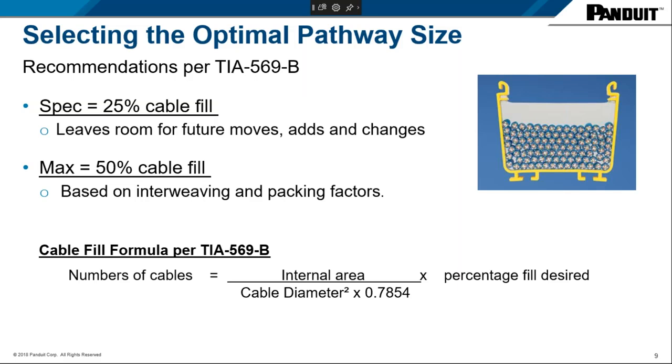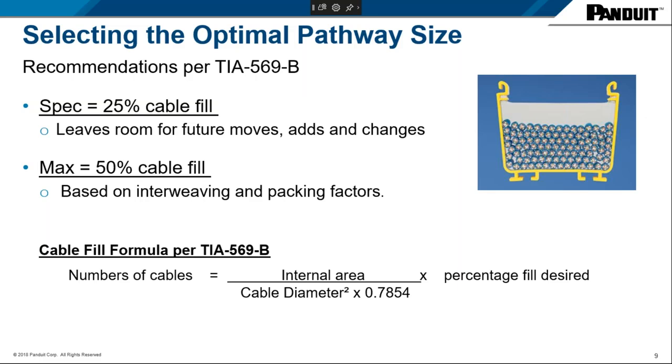We have been noticing that at times customers base it on, hey, I want to have my basket full, but at the end of the day, that could lead to some trouble with future expansion, because then you don't have room to add additional cable, and at that point another layer would be required. You want to minimize that as much as possible.